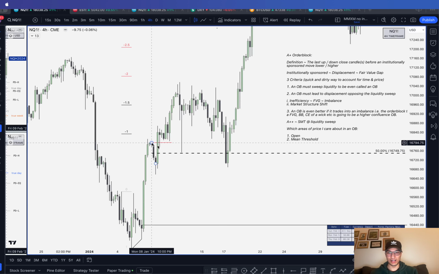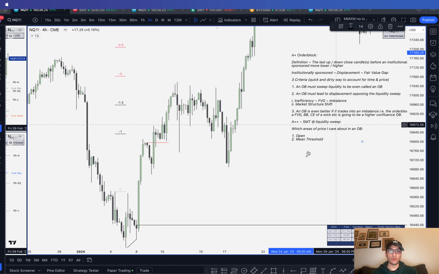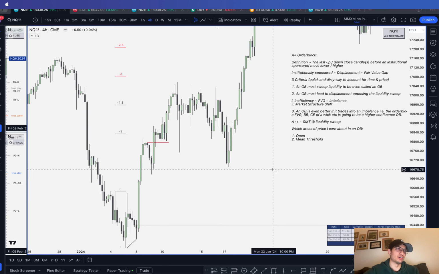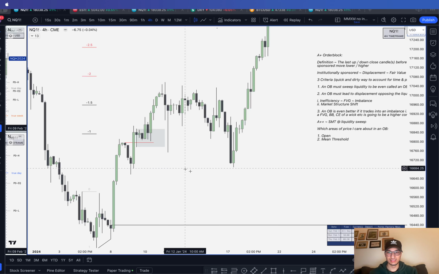So, order block, mean threshold, and open are the prices I care about. Also, what is an order block off an order block called? This is propulsion. So what is this called right here? Propulsion block. Look at the sensitivity again to this candle. Do you see how price comes into this candle multiple times to rebalance? Even both these candles you could call a propulsion block.